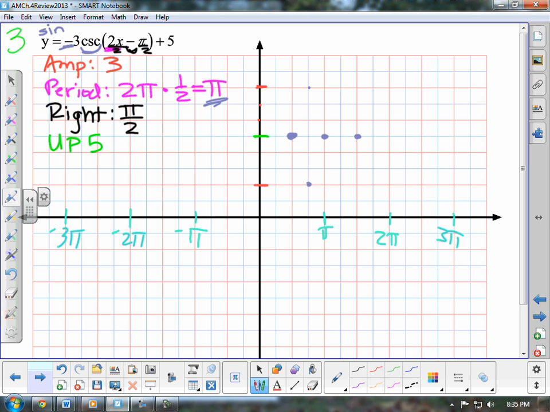And then halfway in between these 2 points, it goes to its maximum. And now we can complete all of our coordinates that we know of. And so on and so forth.